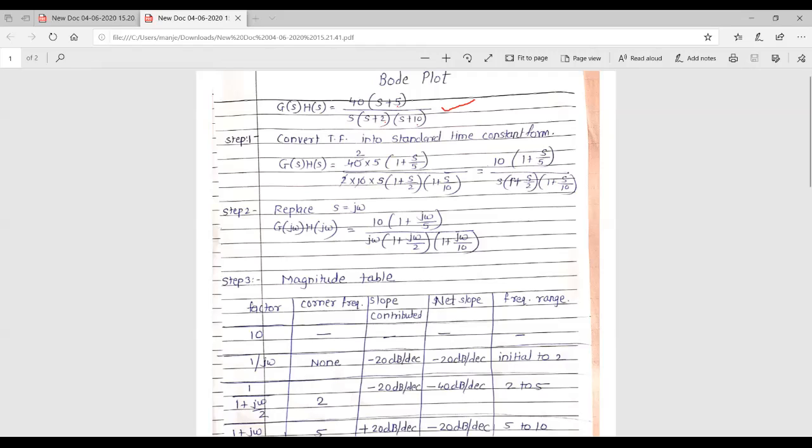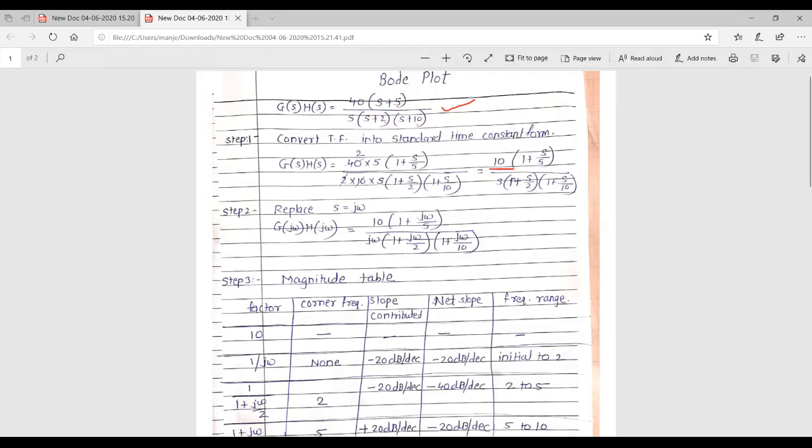After cancelling these numbers, you get 10 into (1 plus s by 5) upon s into (1 plus s by 2) into (1 plus s by 10). In this case, the value of K is 10. Even though we thought the value of K was 40, it is not. Once we convert it into time constant form, we get the actual value of K. This is the end of step 1.